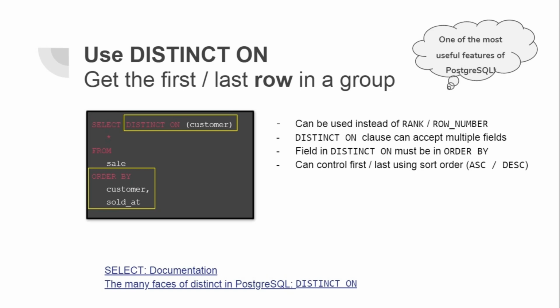So the query you see on the left will give you the first sale that each customer made. This is very, very powerful, and I'm using this a lot. Some ORMs also have support for this, and this is very, very useful.